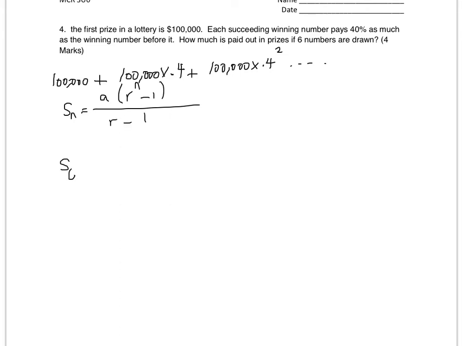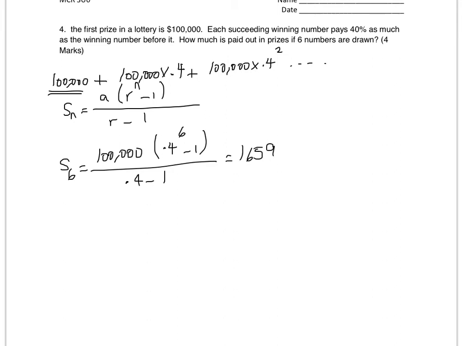So S6 is 100,000, because the first term is 100,000, r is 0.4, exponent n is 6 terms, minus 1, divided by 0.4 minus 1. If you simplify this one, you get $165,984.